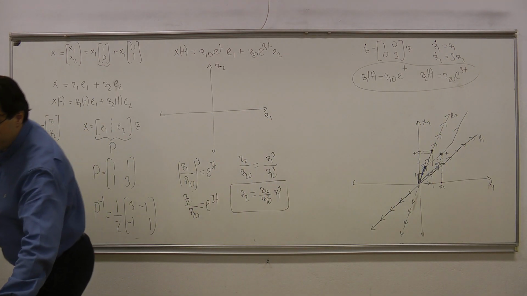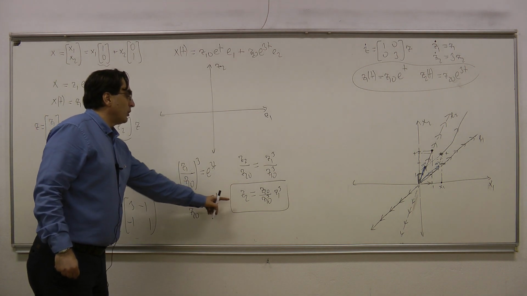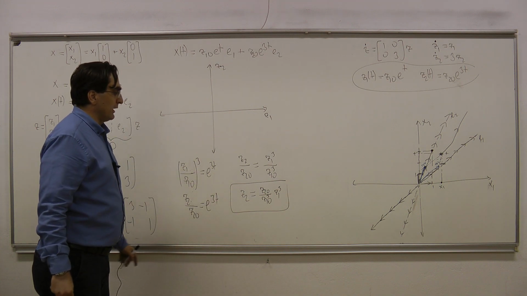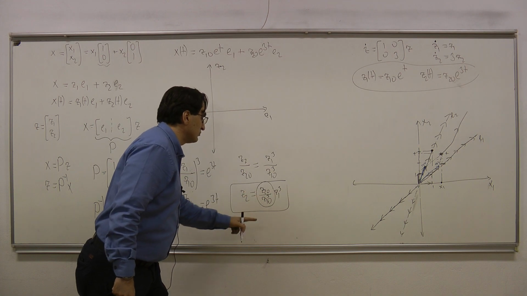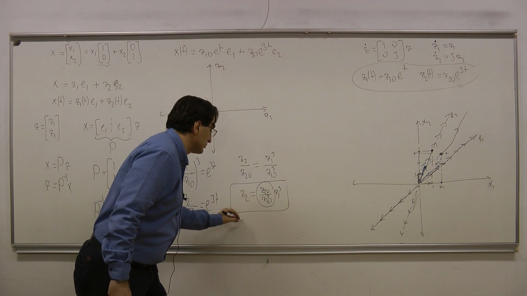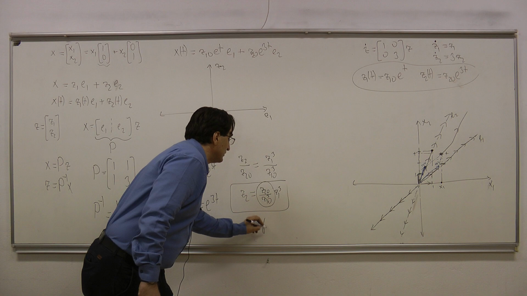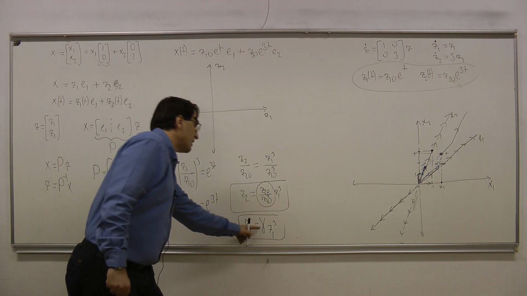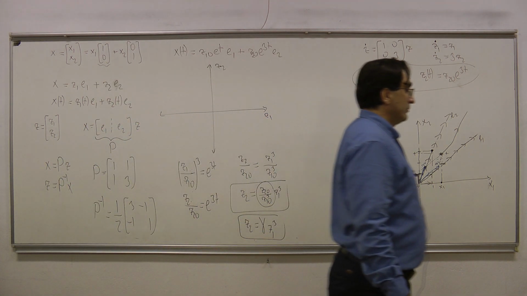Okay? Now I can use this equation to actually draw the trajectories of the system on the Z1, Z2 plane. This is just a constant depending on the initial conditions. So think of this equation just like this: Z2 is equal to gamma Z1 cube, where gamma is a constant determined by the initial conditions.